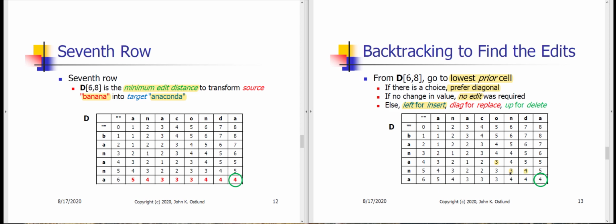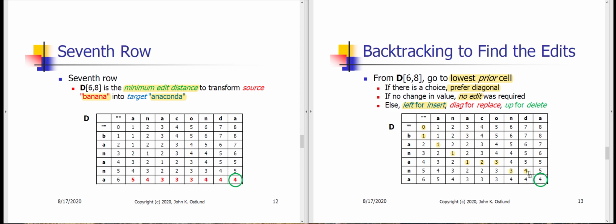We had to insert a character to get to the matching N's, and there we don't have to do an editing operation. Then we go to the 2 here, and from there to the 1, and the 1, and the 1, and the 1, and the 0. Okay, so we did have a couple of choices early on.